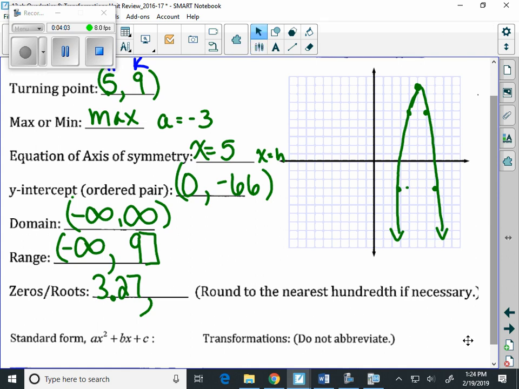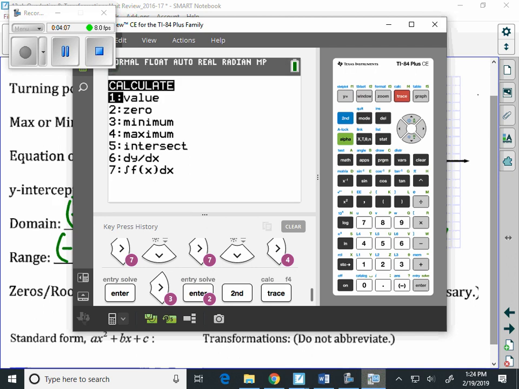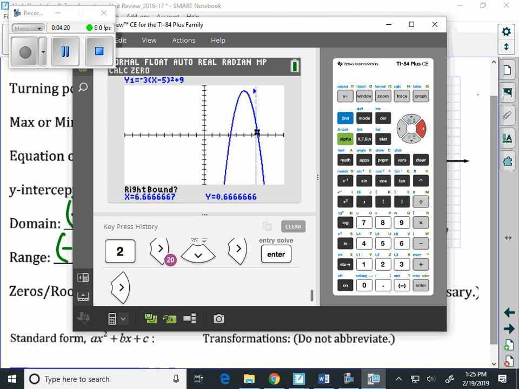And then comma, and then let's do that one more time. So second, trace, 0, still using the right hand button. Little bit to the left, enter. Little bit to the right, enter, and enter.